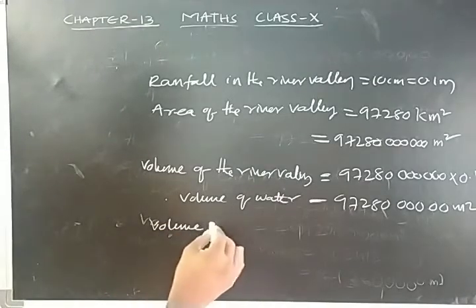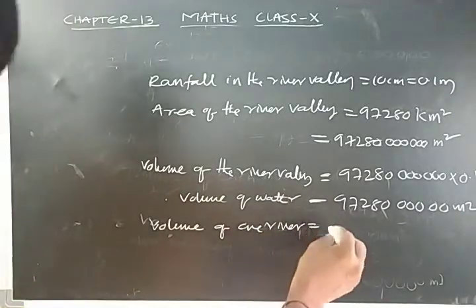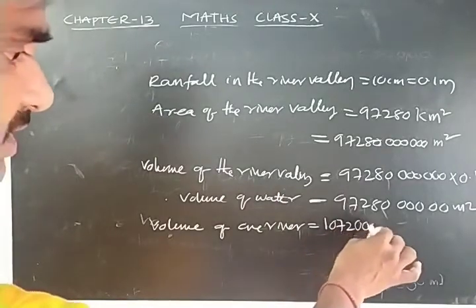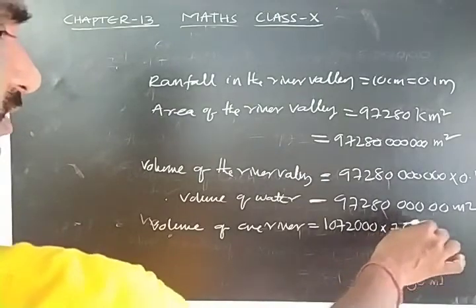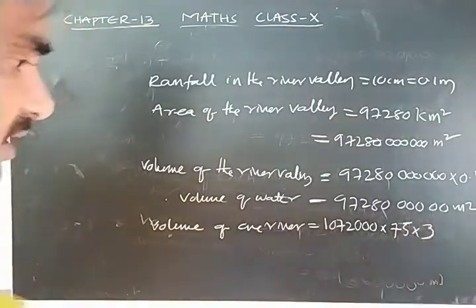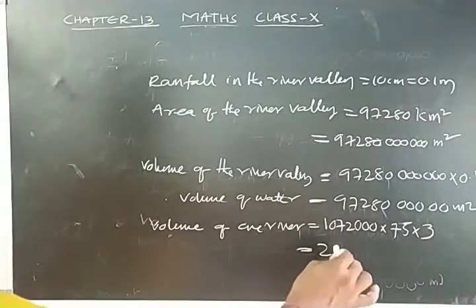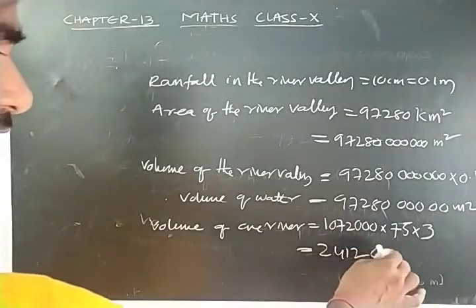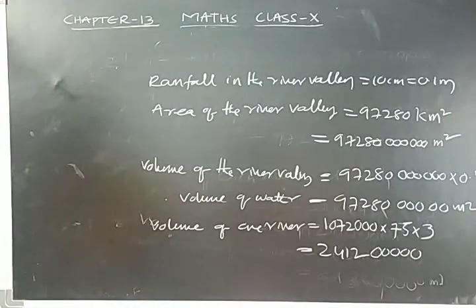It is given length 1072 kilometers, so I converted into meters, and breadth is given 75 meters and depth is given 3 meters. After multiplying this, you will get 2412 with 5 zeros.